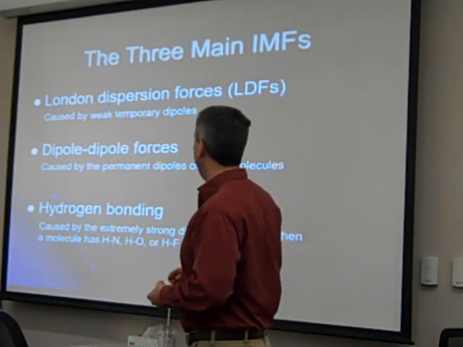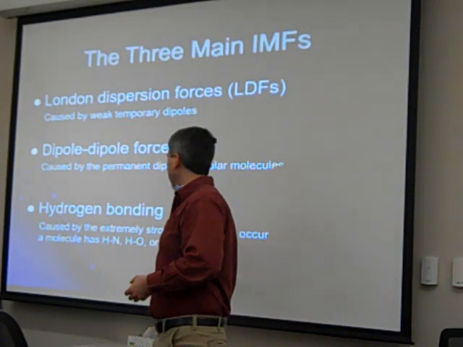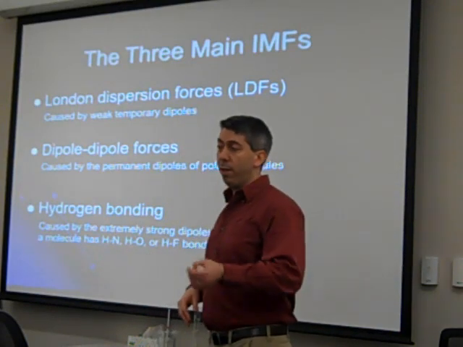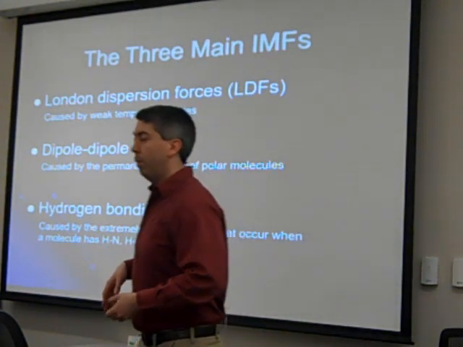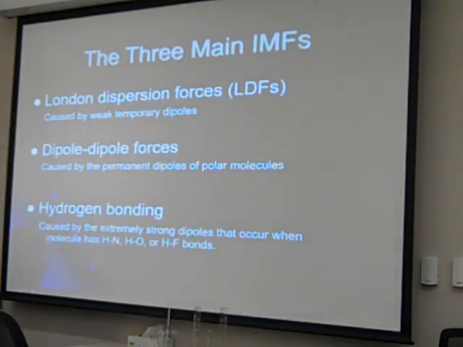So it's the lone pairs that are on a highly electronegative atom, such as nitrogen, oxygen, or fluorine. And they're attracted to the hydrogens that are bonded to highly electronegative atoms. So I'll give you an example. You can't have hydrogen bonding with one molecule. This is not hydrogen bonding.